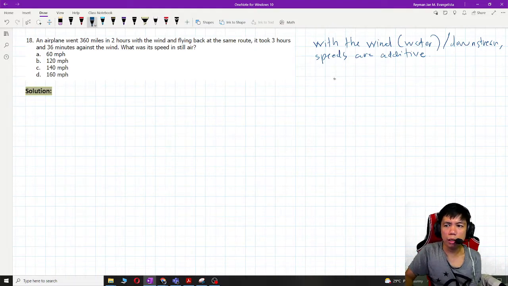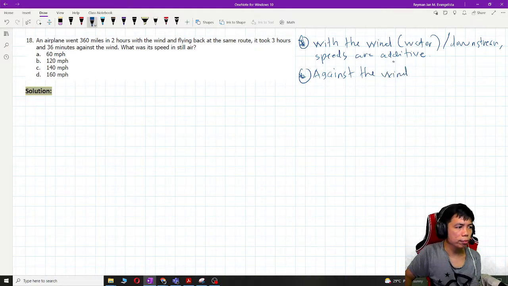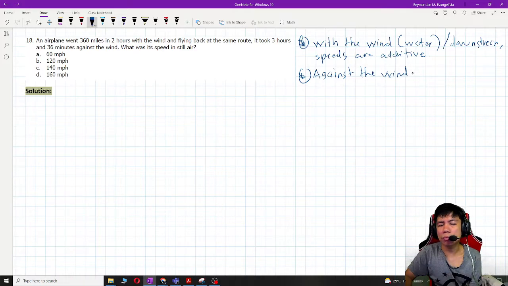And then pag against the wind na. Okay. Pag against the wind, or water, current, ganun, no?